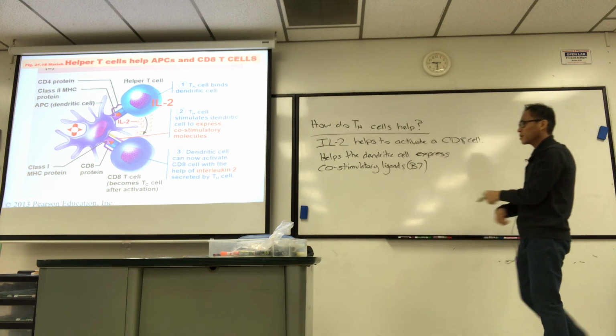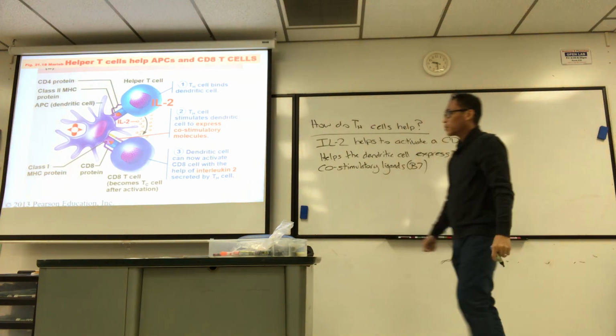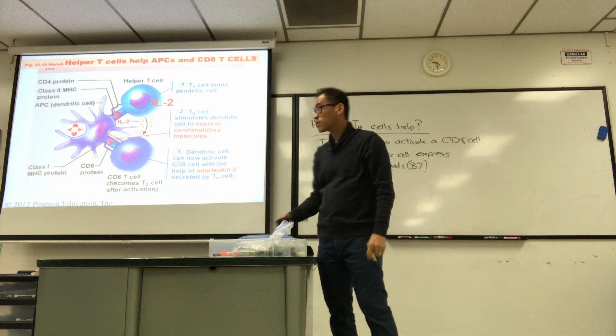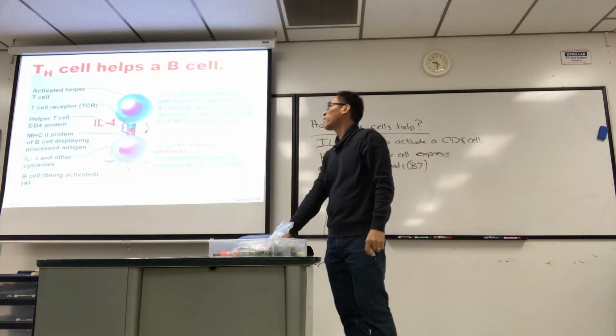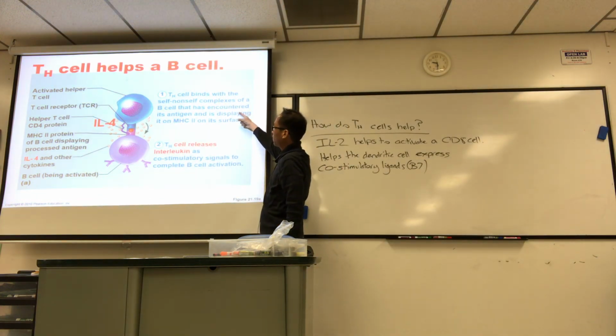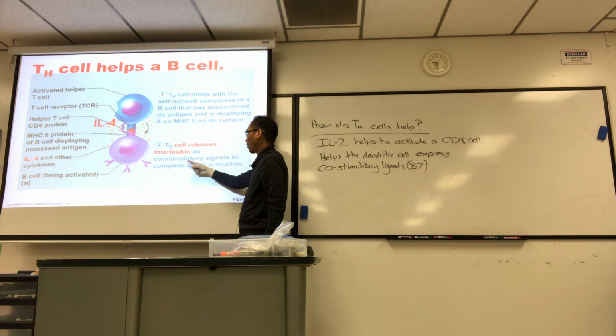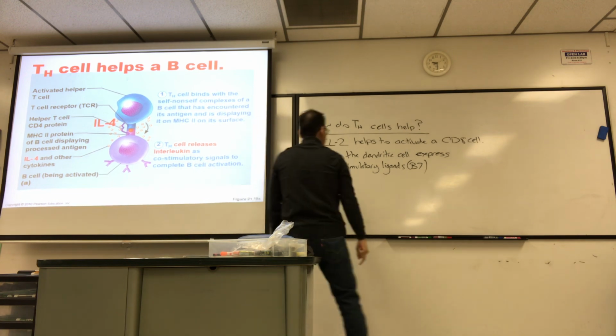There's others, but that's the one I used today. Okay, great. There's also help of the B cells. So here you see the T helper cell. It binds with the non-self complexes of a B cell that has encountered its antigen and is displaying MHC2 on its surface. So the T cell releases interleukin 4 as a co-stimulatory signal to complete B cell activation.